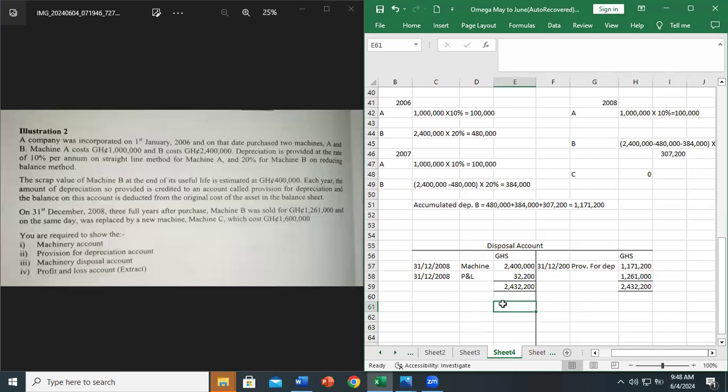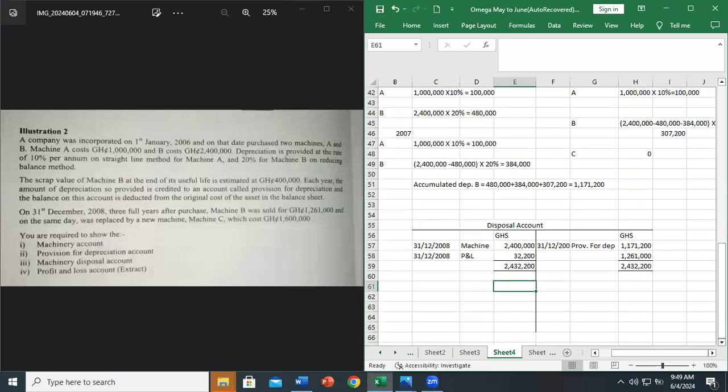Now, I think we are to do the profit and loss extract and the balance sheet extract. Well, those extracts are very simple again, but let me be sure that my students are okay with the asset account and the depreciation account. So please, question time. Please ask me a question.